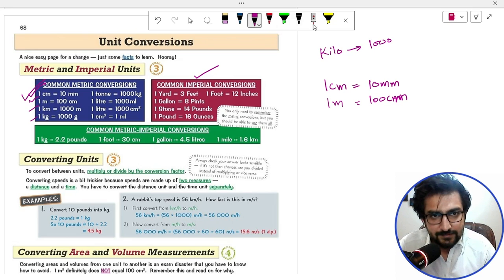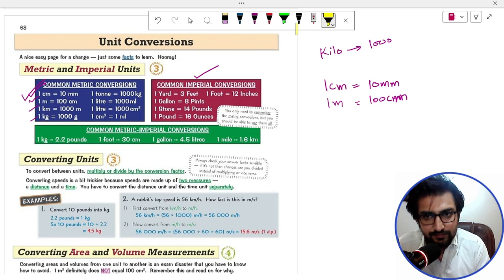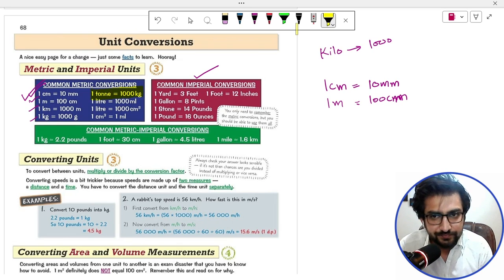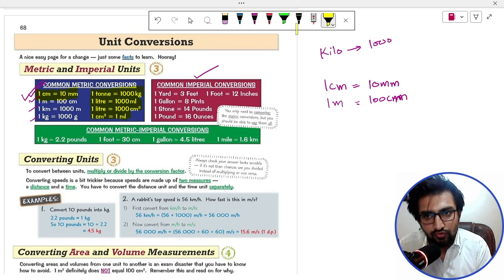The second one is 1 ton is equal to 1000 kilograms. 1 liter is equal to 1000 milliliters, and 1 liter is equal to 1000 centimeter cubed, and 1 centimeter cubed is equal to 1 milliliter. These are called common metric conversions.